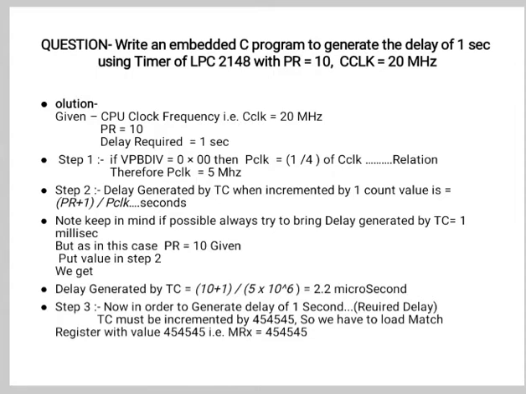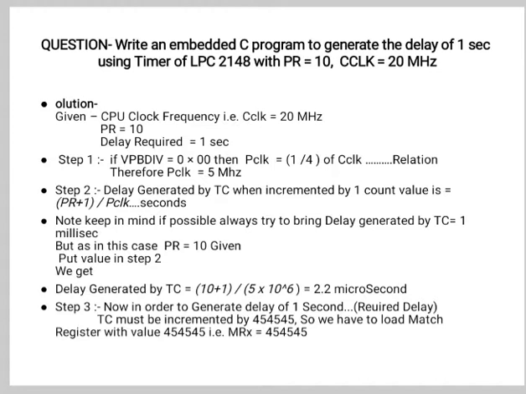Same steps as the previous problem. The delay generated by TC when incremented by 1 is (PR + 1) / PCLK. Now, if possible, try to bring the delay generated by TC to 1 millisecond, but in this case PR is 10, which is given. So put this value in step 2. The delay generated is (10 + 1) divided by PCLK, which is 5 megahertz, so 5 into 10 raised to 6.